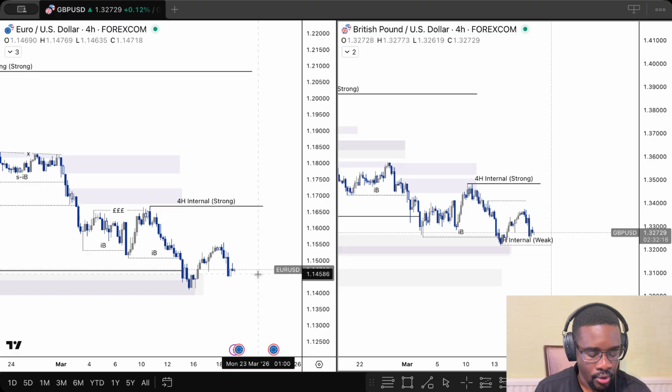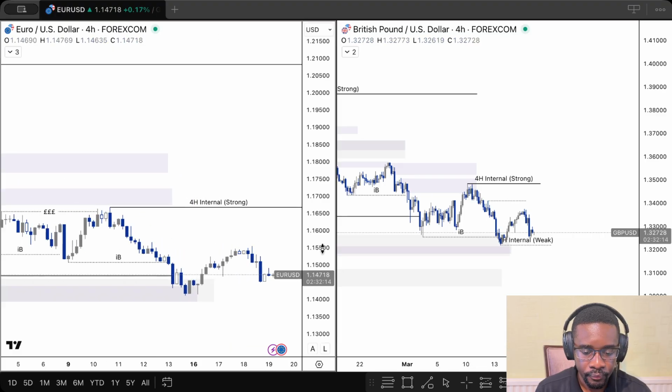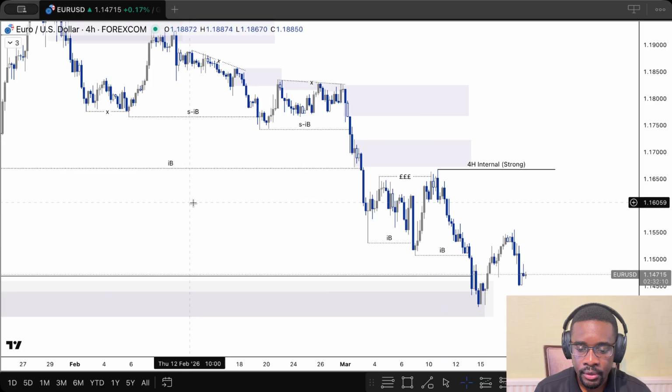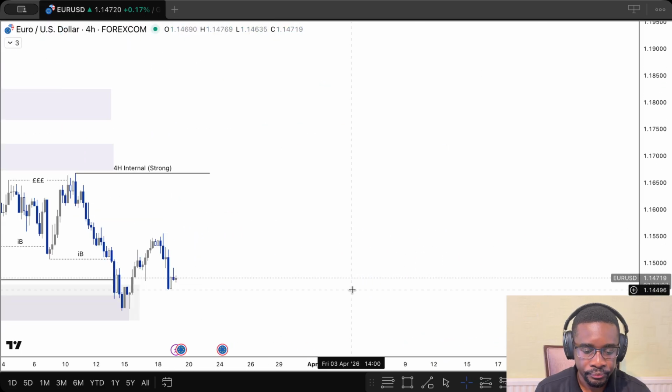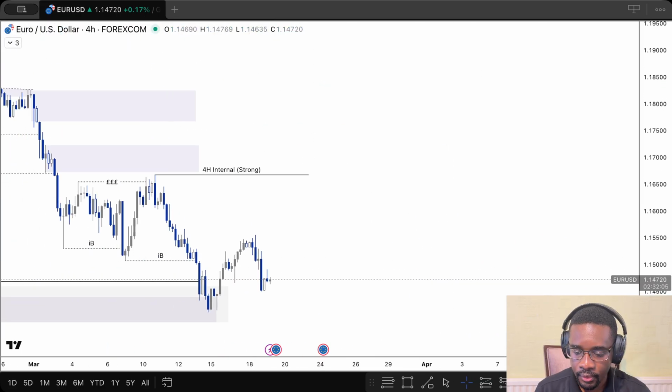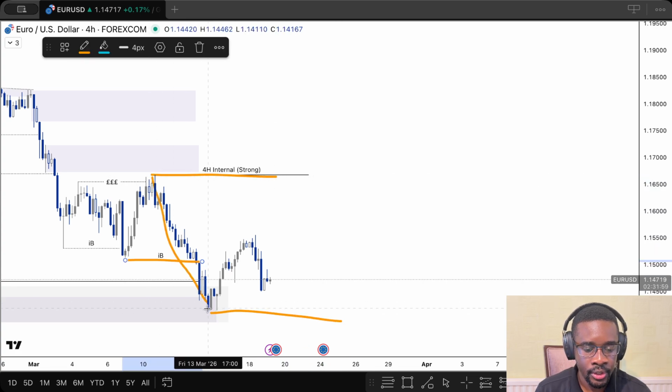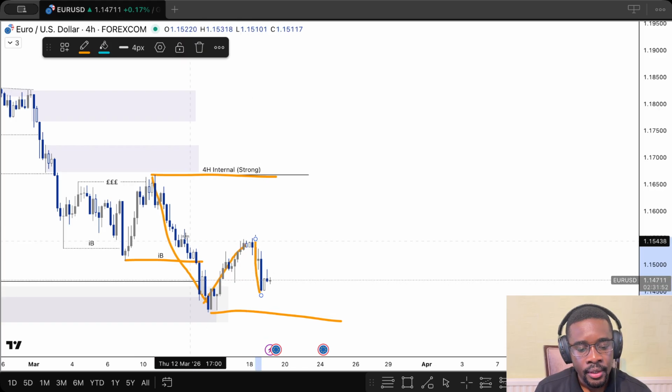So looking at the 4 hour, this is what we have. So this is our internal range on the 4 hour. We broke structure, price has come up and has been reacting, and has now reacted bearish.